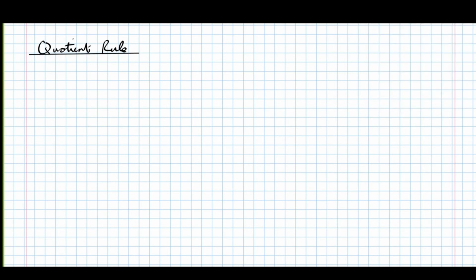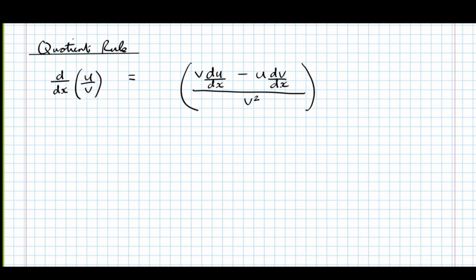So if we're asked to differentiate this, and a lot of the exam boards give you this in the formula sheet, that's the case there. d dx of a quotient u over v equals v du by dx minus u dv by dx, over v squared. So when you've got a fraction, u on top, v on the bottom, this is how you differentiate it. As I said, that there is the key point.